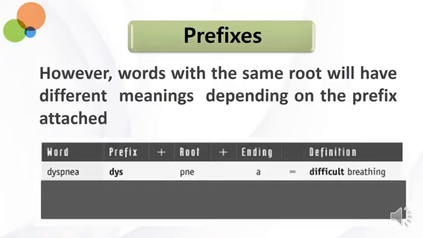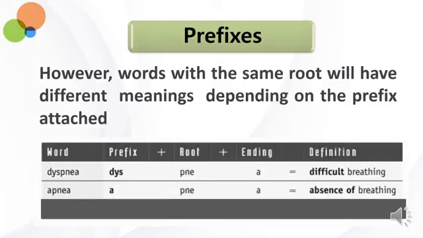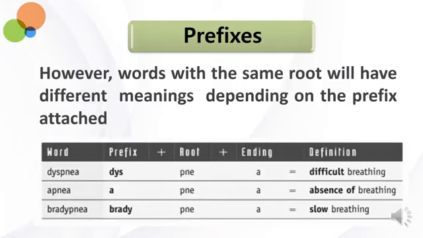Finally, I have the term dyspnea, which means difficult breathing. I have used the same root with different prefixes, and I have got different words with different definitions.